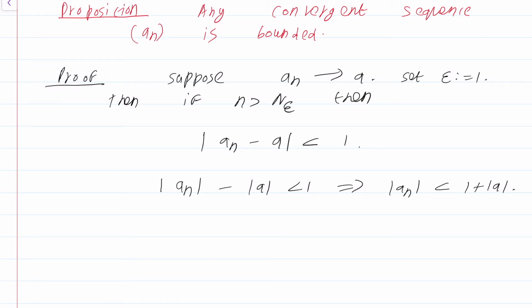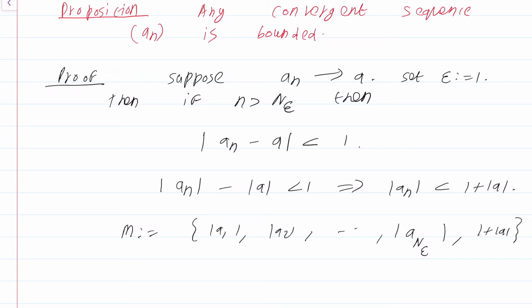What you do is you set M to be the maximum of mod a1, mod a2, and so on up until mod a_n_epsilon, and then you add 1 plus mod A to this list.